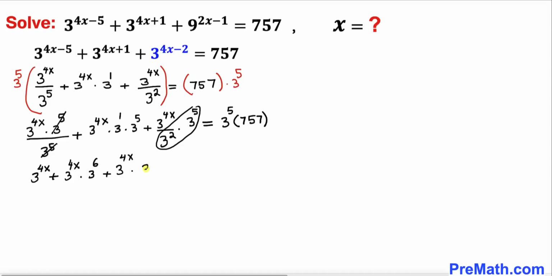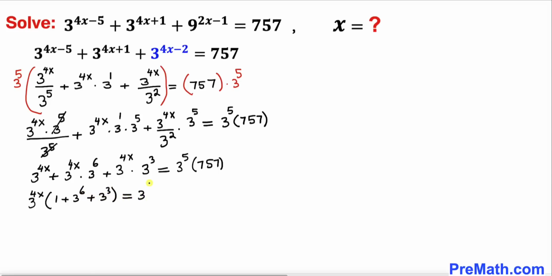So that is going to give us 3 power 3, equals 3 power 5 times 757 on the right hand side. And now we can see that this 3 power 4x is common across the board. So therefore I can factor out 3 power 4x on the left hand side, and inside this parentheses we are left with 1 plus 3 power 6 plus 3 power 3, equals 3 power 5 times 757.